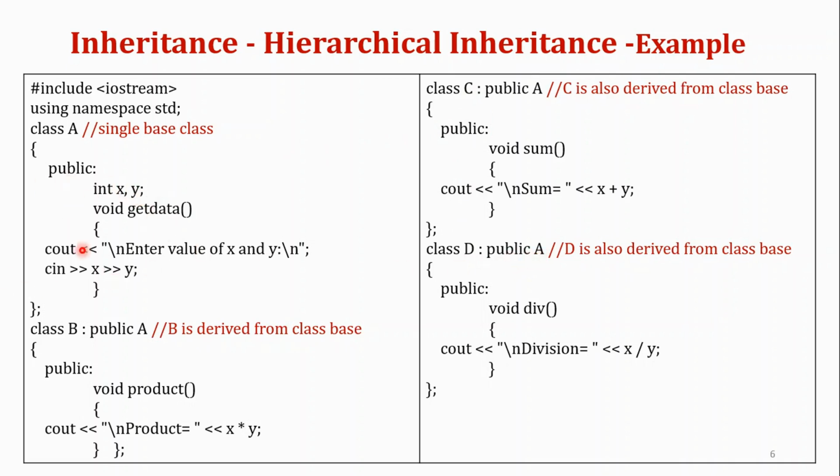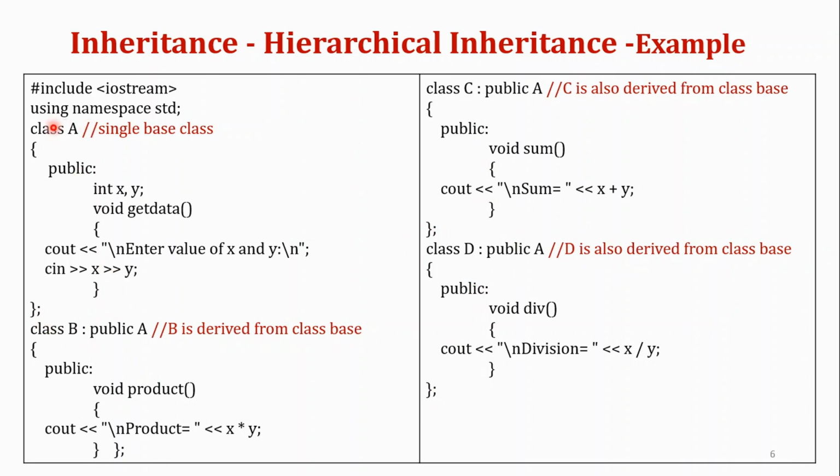Again, all the public members are available, inherited to the public part of class D, in addition to its own function called division. Sum does the summation of x and y. x and y are members of the base class A, so because of inheritance, x and y are available for class B, class C, and class D. Each class ends with a semicolon.